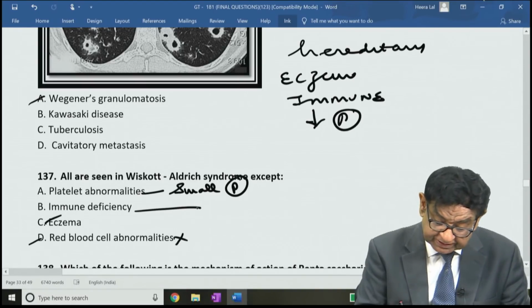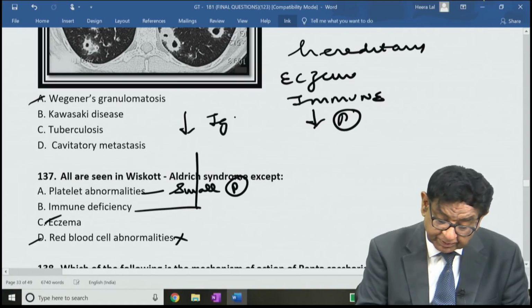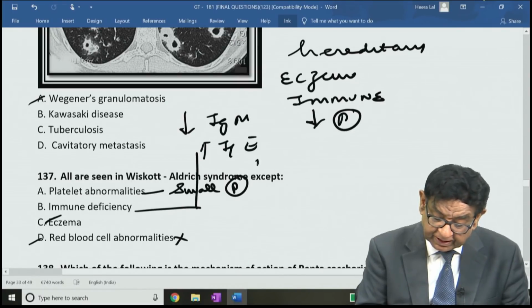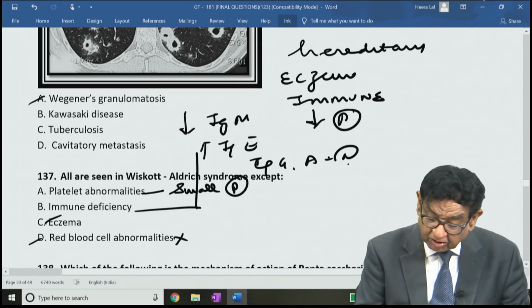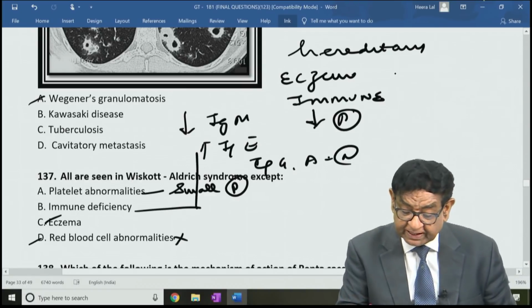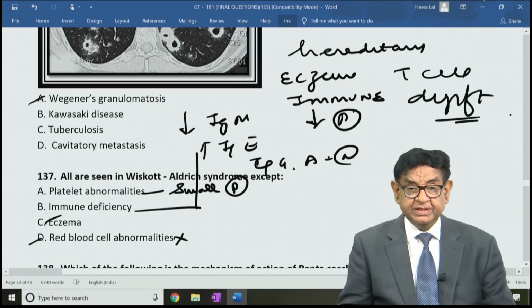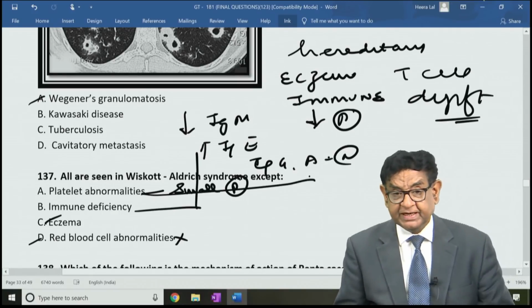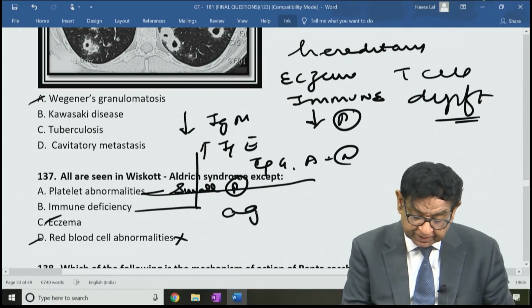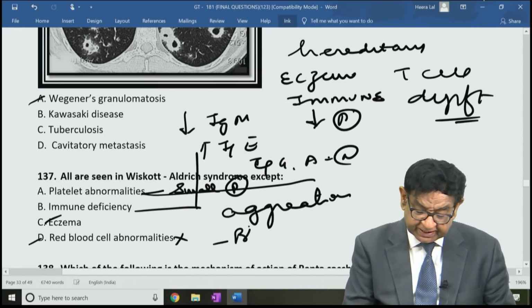There is reduced IgM, there is increased IgE, but IgG and IgA are normal. There is also T cell dysfunction. And there is one more thing in the platelets: not only are they small, aggregation is also impaired. Platelet aggregation is reduced and they tend to have bleeding tendencies.